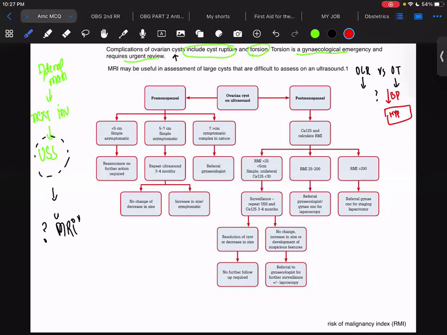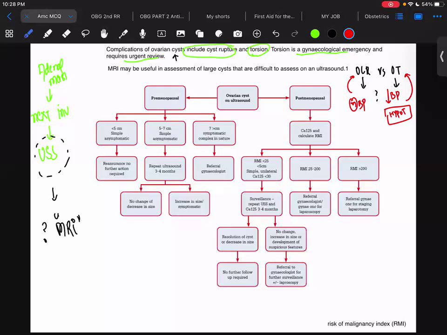The patient is unstable, having hypotension. Then it is a case of ovarian torsion. If the patient has left or right iliac fossa pain with normal BP, then you can suspect ovarian cystic rupture. MRI may be useful in assessment of large cysts that are difficult to assess on ultrasound.